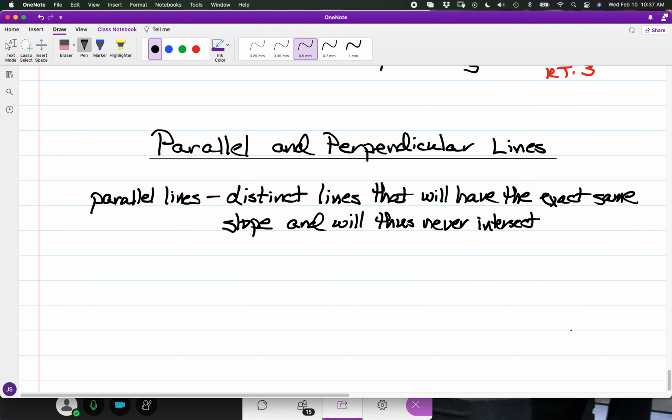And just to give you a couple of cases here of lines that run parallel to each other. We have y is equal to 4x plus 3, as well as y is equal to 4x minus 7. Notice both of these lines, and this is just for convenience purposes, are provided in slope-intercept form.